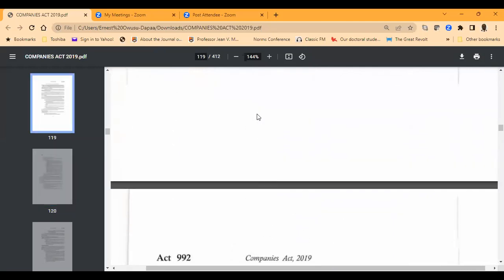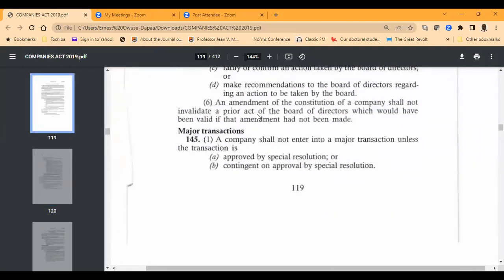So this is section 145 of Act 992, which I said governs the major transaction.